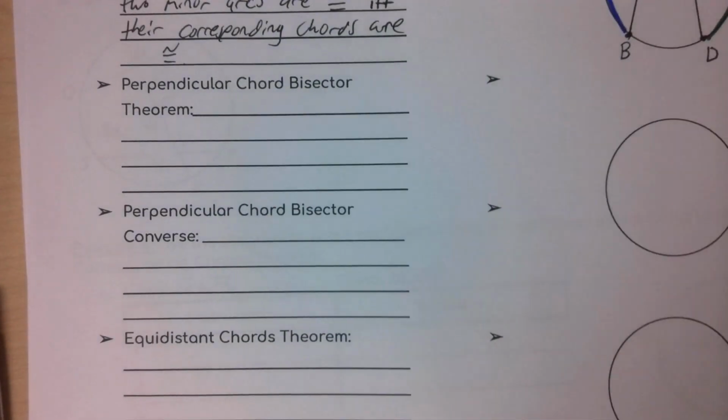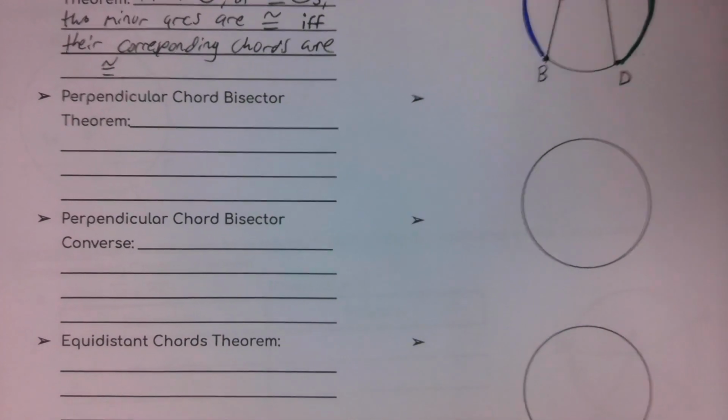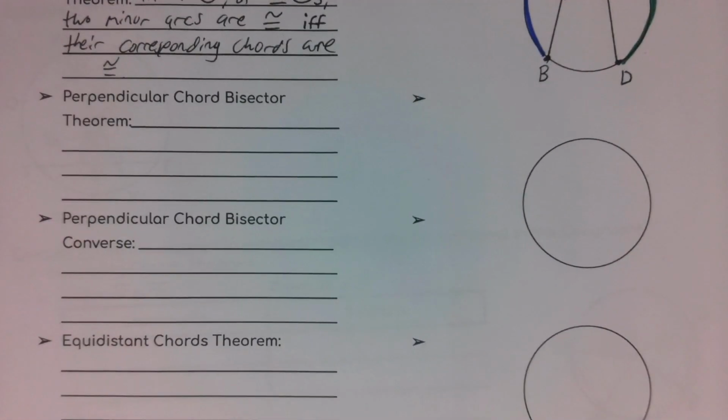Let's take a look at the next couple definitions. The next two definitions are the perpendicular chord bisector theorem and the perpendicular chord bisector converse. Now, it's a lot of words, but let's go in detail and see what we can do.